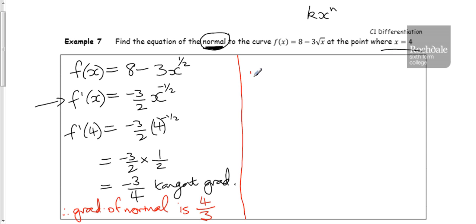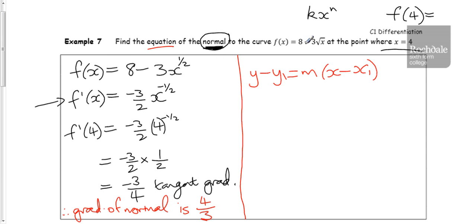We're going to be using y minus y1 equals m brackets x minus x1 to get the equation of the normal, and the normal being a straight line graph. Thing is, we don't have a full point to put into this formula. We've got the gradient, we've got an x coordinate, we don't have a y coordinate. So let's quickly work out the y coordinate when x is 4.